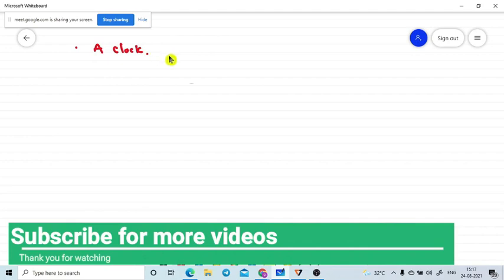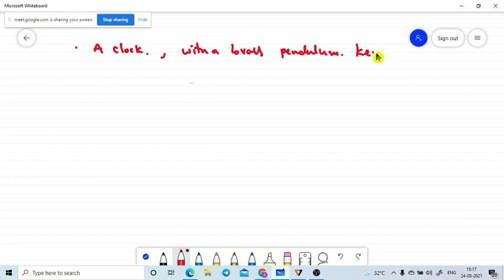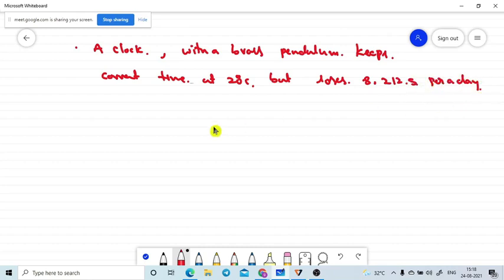A clock with a brass pendulum keeps correct time at 20 degrees Celsius, but loses 8.212 seconds per day when the temperature rises to 30 degrees Celsius.